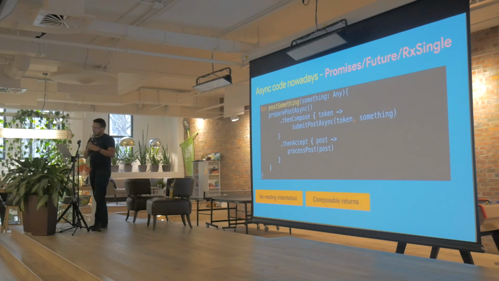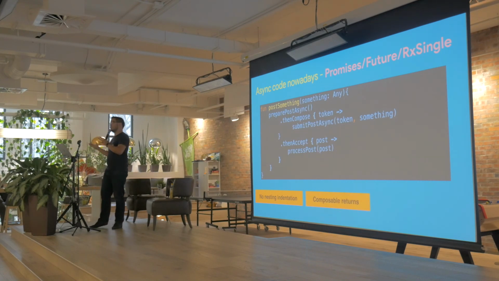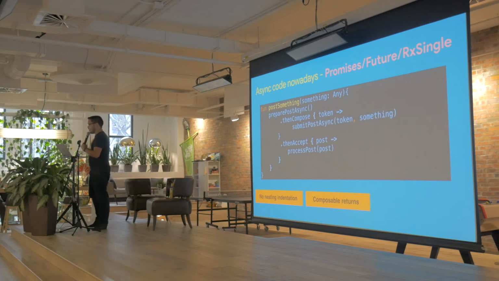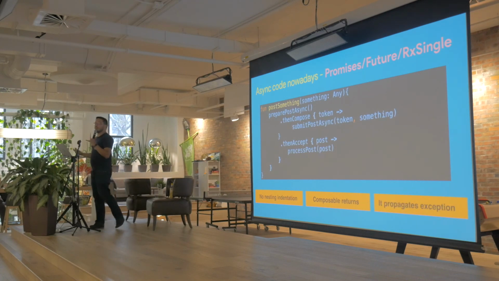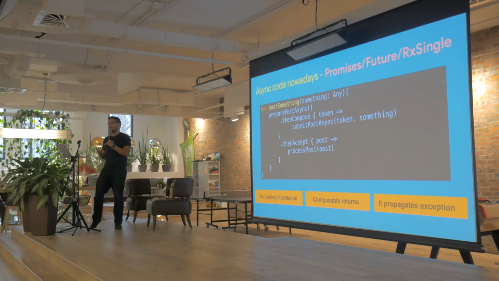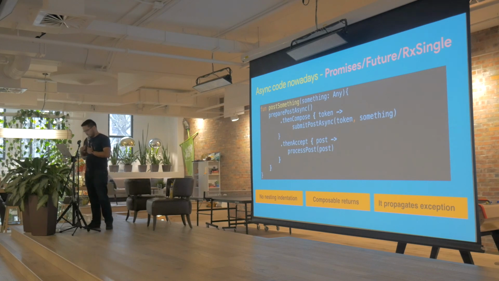I'm always returning composables, and I can work on those composables later, and I can do one after the other, as if it was synchronous. So it makes the code easier to read. And it propagates exceptions. If you are ever handling exceptions, it propagates to the beginning and makes things easier to handle if you ever get an error or something like that.